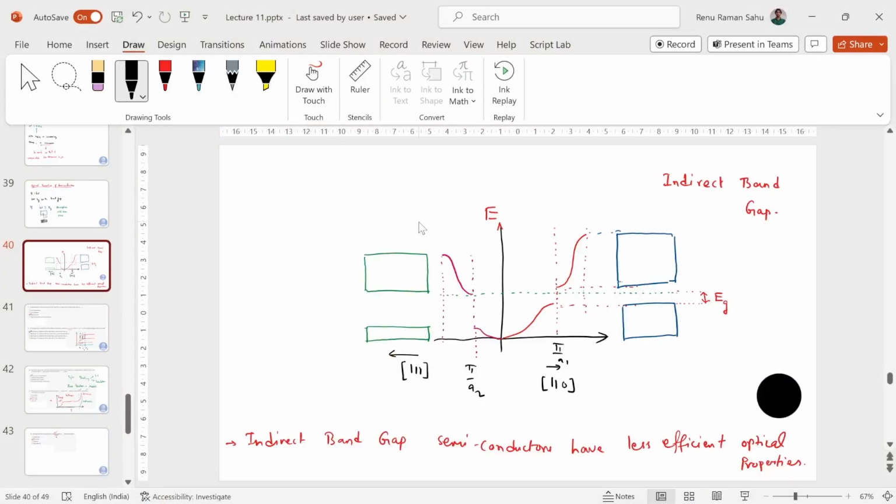Yes, sir. So silicon is the indirect example, and the direct band gap example is gallium arsenide. Any more questions?